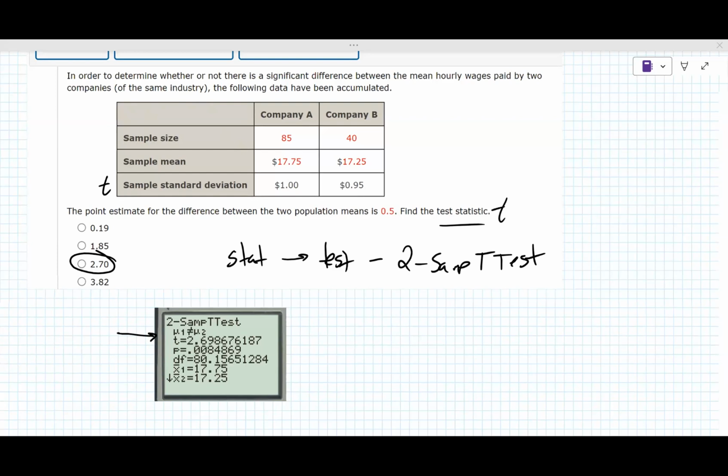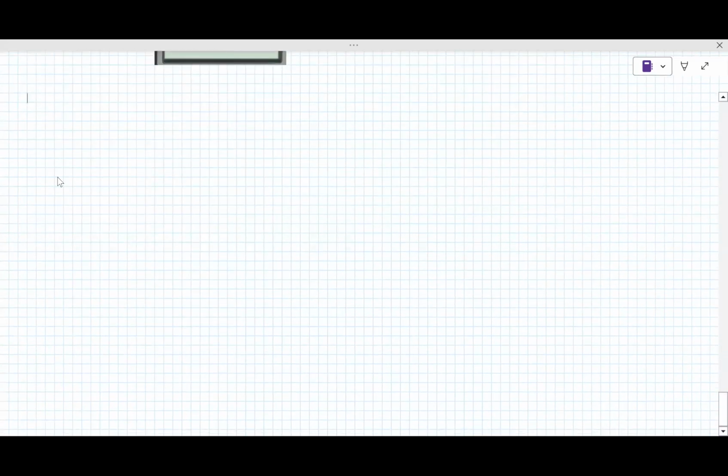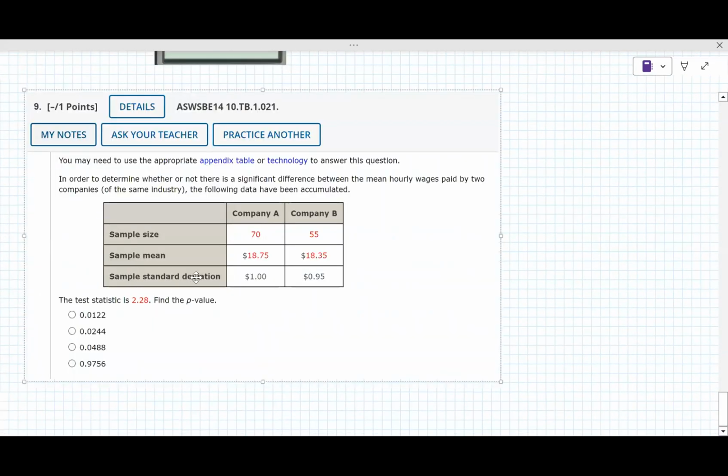Okay, number 9. Let me snip this in here. Again, notice the sample standard deviation is given. That means this is a t that you're looking for. They're giving you the t value, okay?